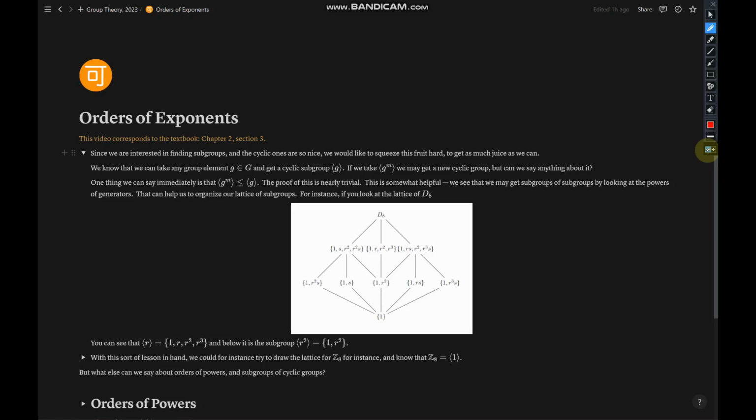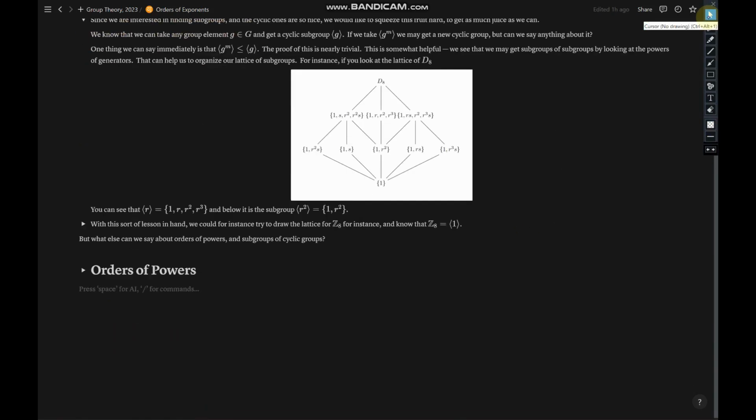For instance, consider the dihedral group on 4 vertices, which is D sub 8. You can see its lattice here. If we consider the subgroup generated by R, it consists of 1, R, R squared, R cubed.